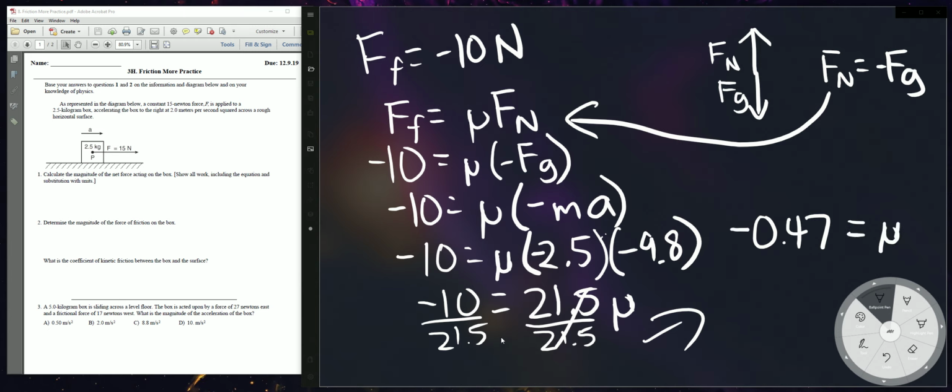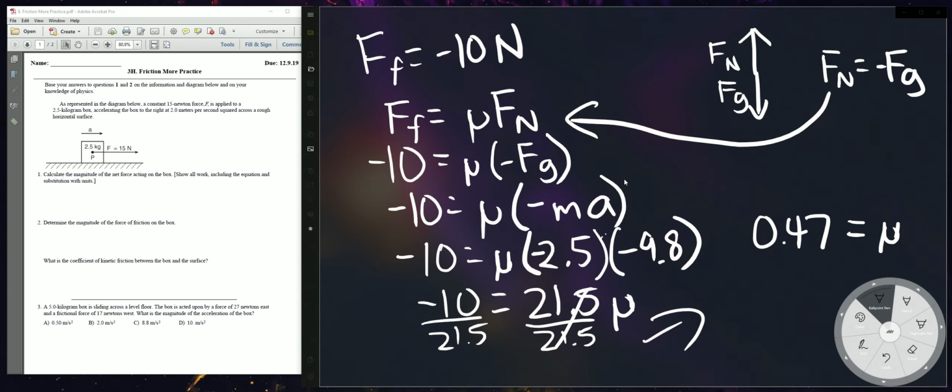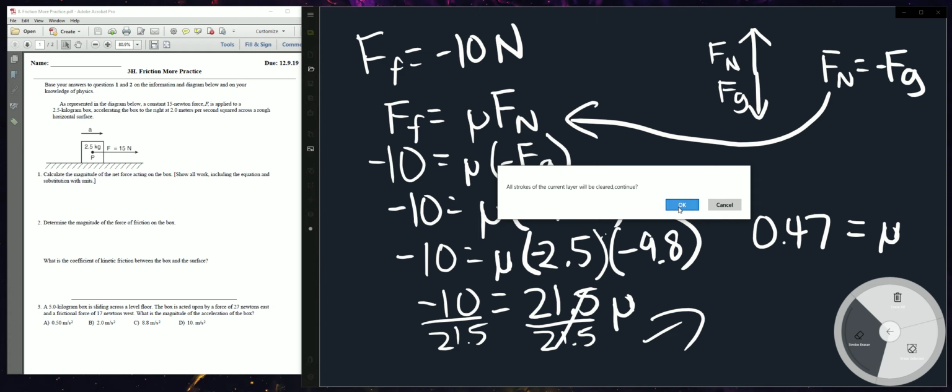Now, if you follow through with all your signs, you're going to get a negative number. But coefficients cannot be negative, so you just ignore that negative number right there, okay? As long as you follow through your signs here, you should all be fine, regardless. Now, that's how you solve that question.